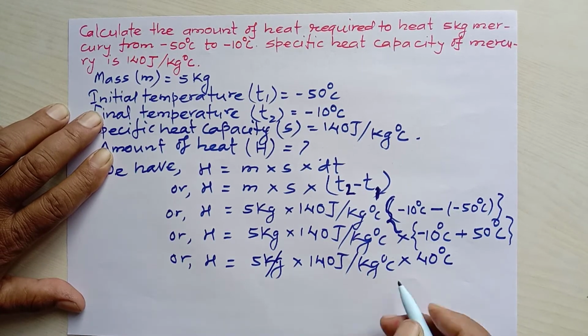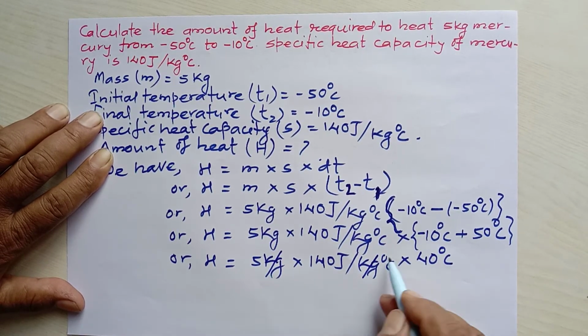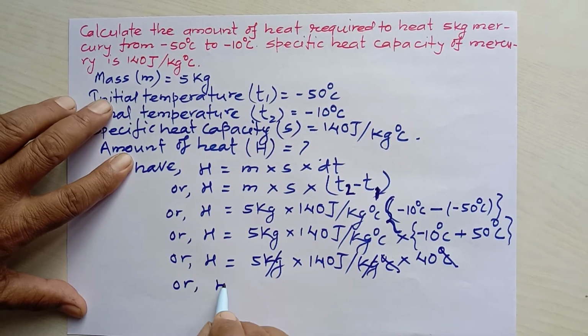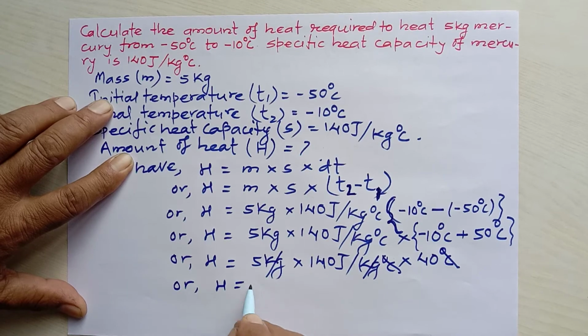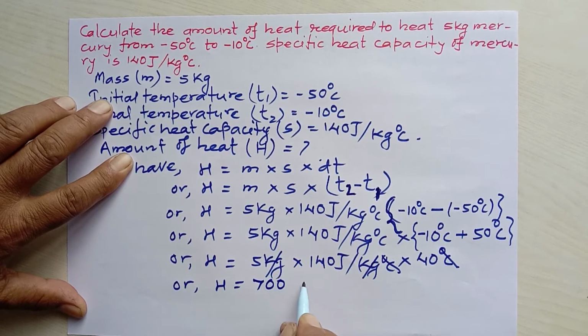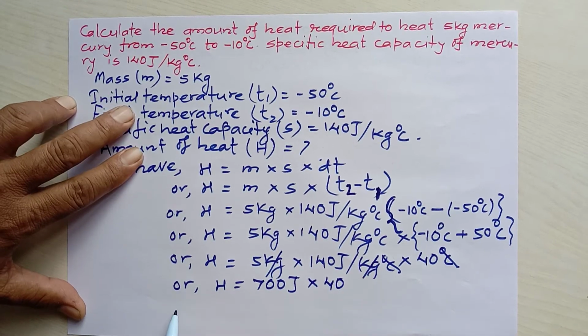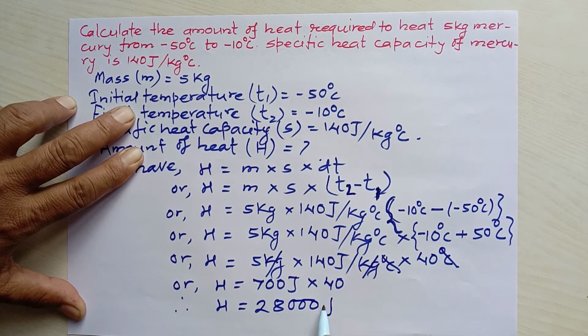Now this is our final calculation. Degree Celsius cancels. H is equal to 5 times 140 is 700 joule into again 40. Therefore H is equal to 28,000 joule.